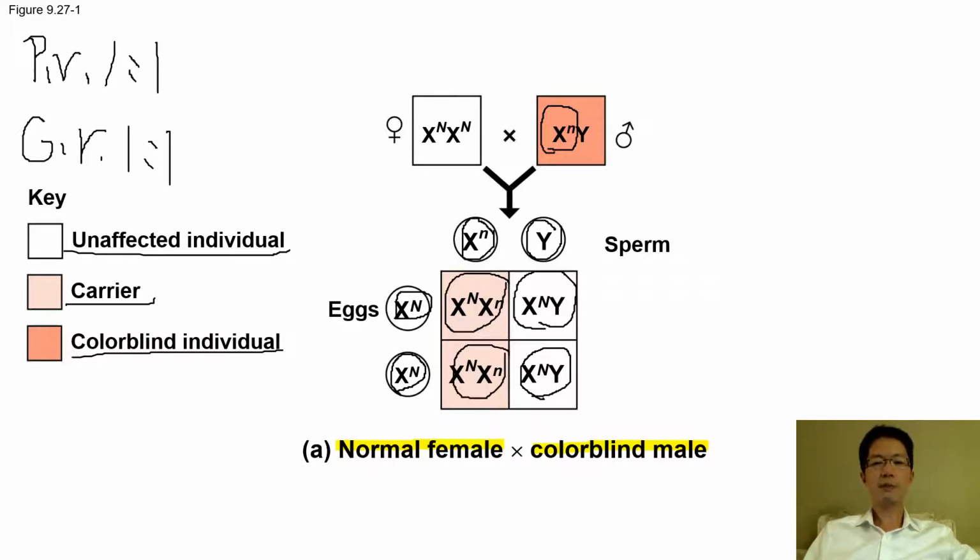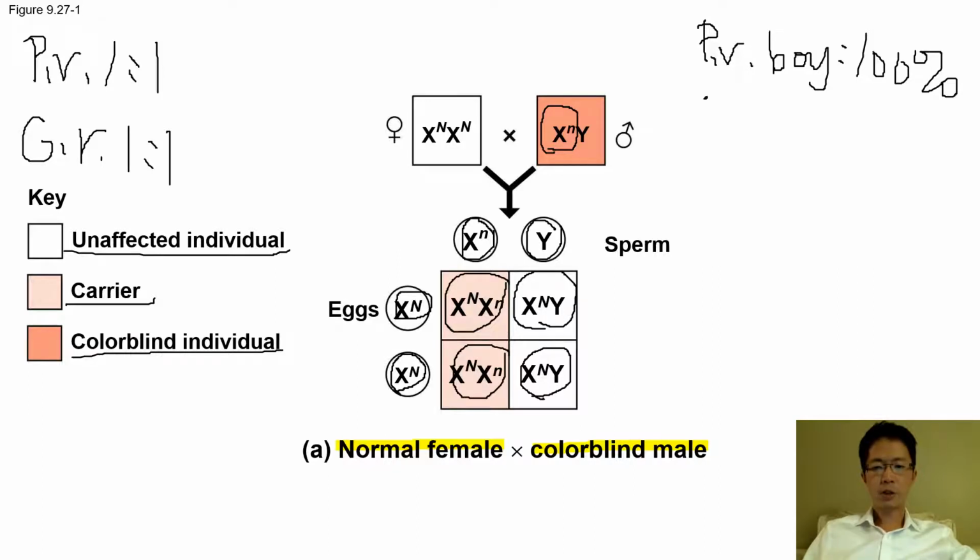What if we separate the genders? What will be the phenotypic ratio for boys? The phenotypic ratio for boys will be 100% normal, 100% unaffected, so let's just say 100% or just 1.